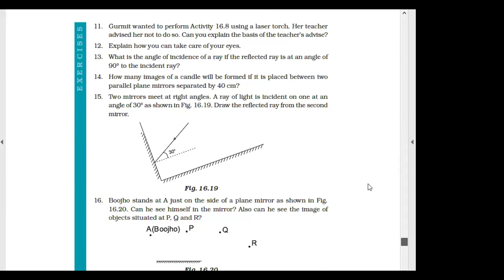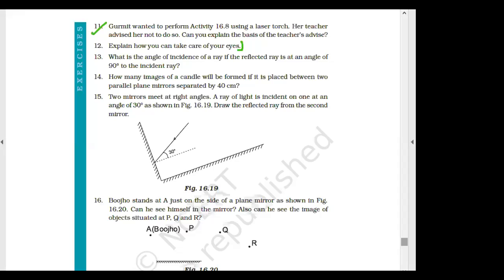Let's see. 11th one. Gurmeet wants to perform an activity. So 11th one, activity. Second, explain how to take care of your eyes. This is very general. You know this in your daily life. How to take care of your eyes? First thing, do not watch TV for so long.